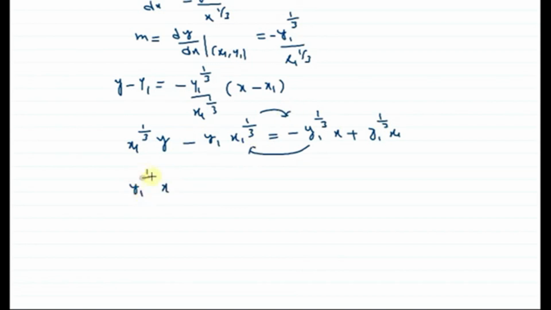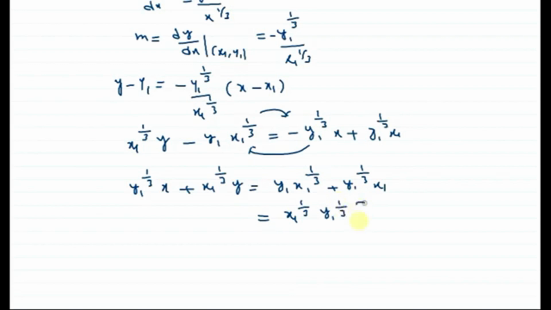So you will get y1 to the power of 1 by 3 into x plus x1 to the power of 1 by 3 into y. This is equal to x1 to the power of 1 by 3 y1 plus y1 to the power of 1 by 3 into x1. From this, if I take x1 to the power of 1 by 3 into y1 to the power of 1 by 3 common, from y1, taking y1 to the power of 1 by 3, y1 to the power of 2 by 3 remains.